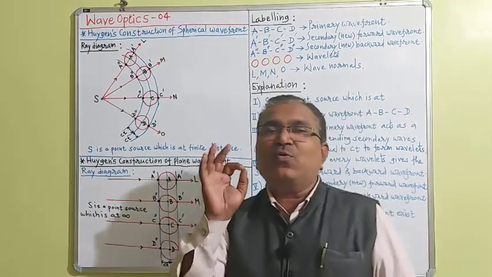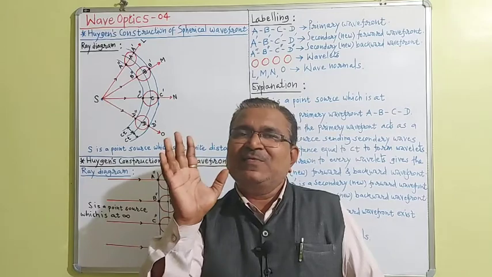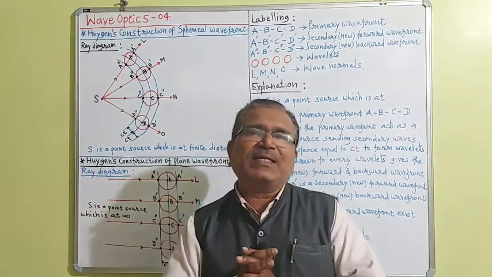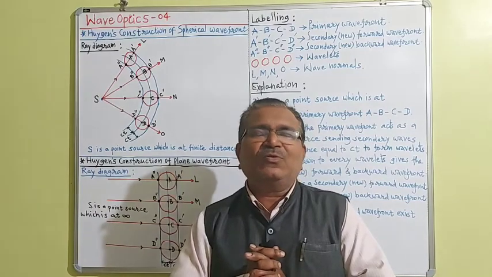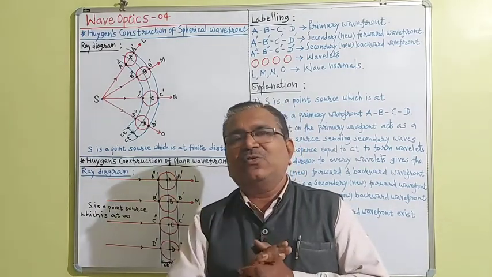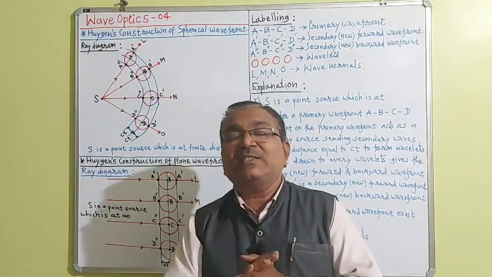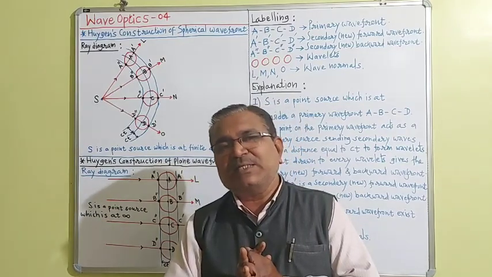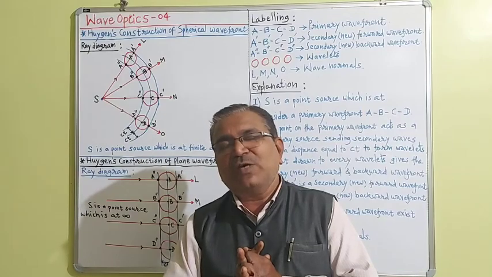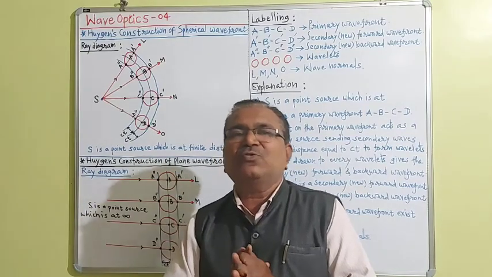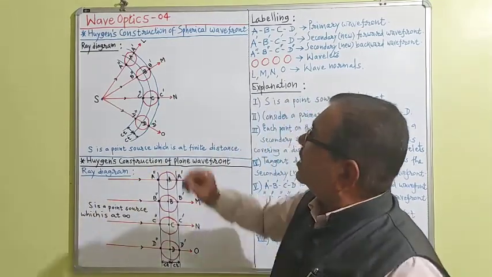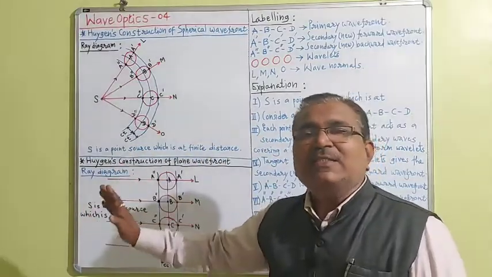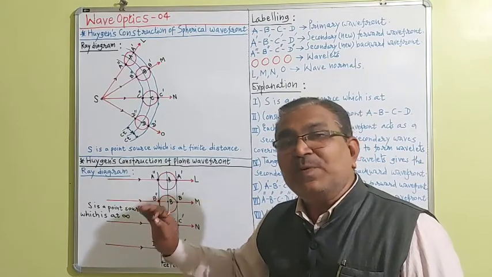I have written only one labeling for the two diagrams, so it is not necessary to write separate explanations. In the last video, you have already learned Huygens principle, and by making use of Huygens principle, we have to learn today Huygens construction of spherical wavefront and Huygens construction of plane wavefront.